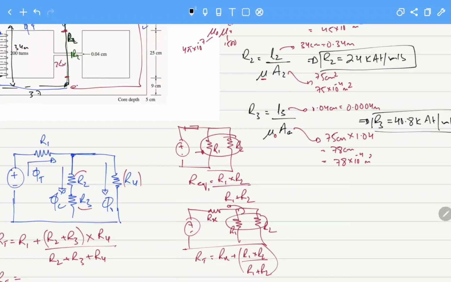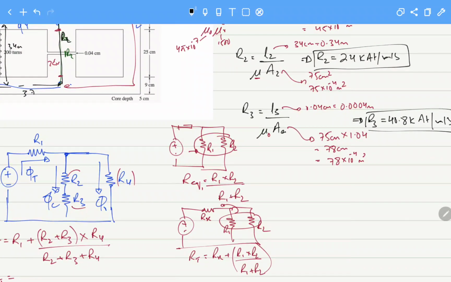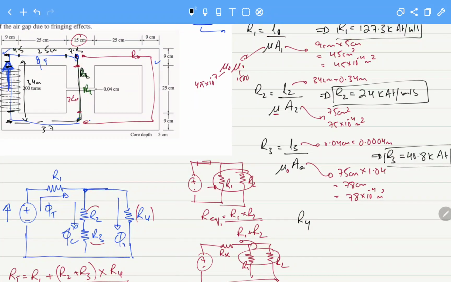And finally we are at R4. It is this side, and this length will be similar to R1. So this is L4 over mu A4.